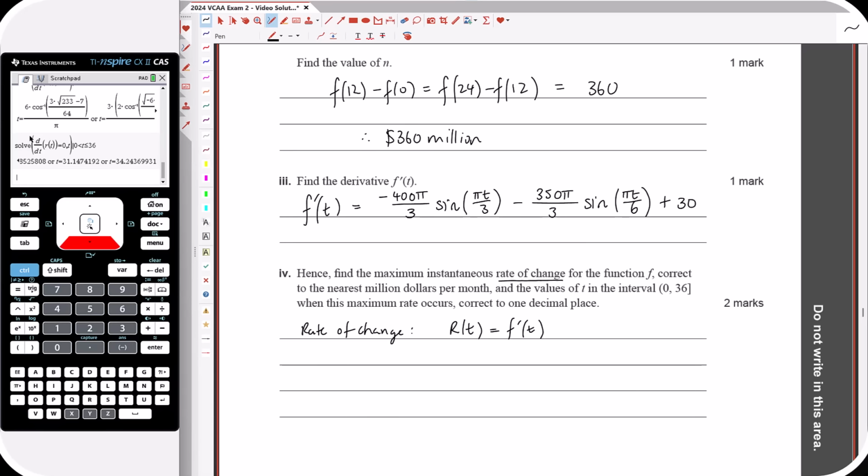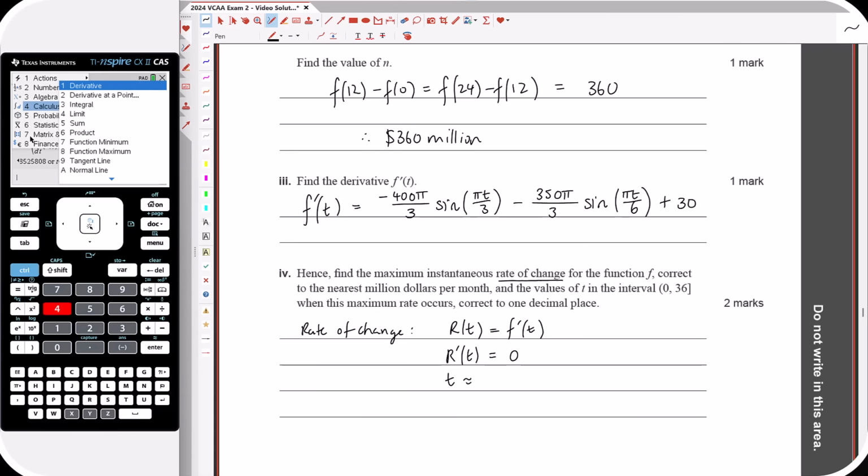So rather than actually solve derivative equal to 0, I'm going to use function max instead. I might still write that I'm solving derivative equal to 0. And then we're going to get t is. So instead, if we use menu 4, 8, because then it's only going to give us those solutions that give maximums, not minimums.